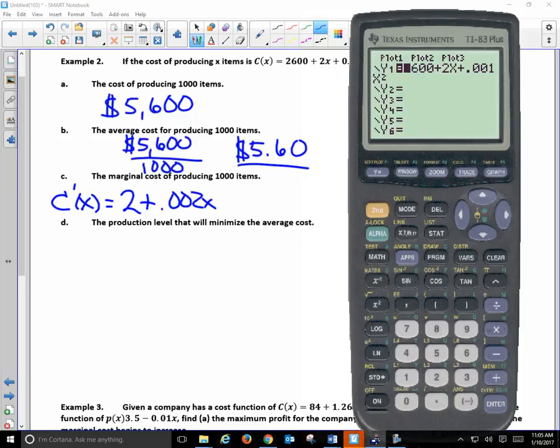So I'll go into y equals. I'll type that in for my y sub 2 value: 2 plus 0.002x. If I go to my table, I get y sub 2 is 4. So the marginal cost is $4. What does that even mean?